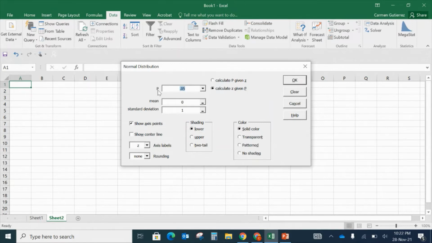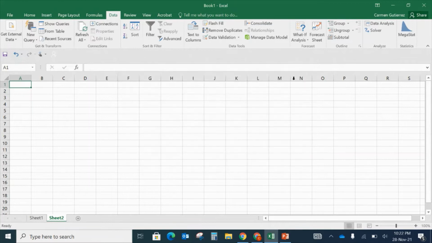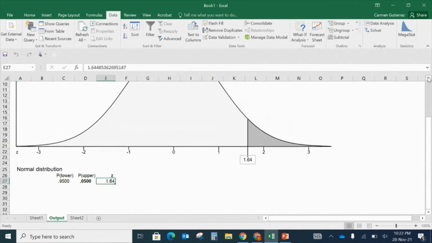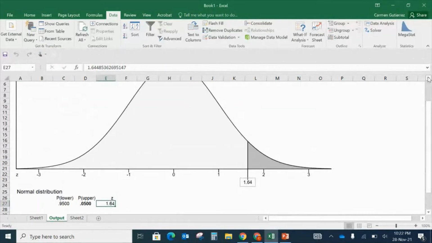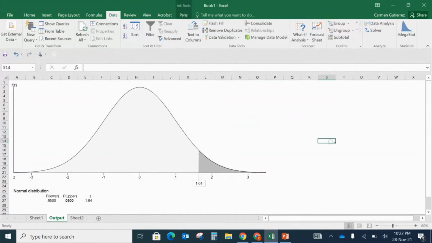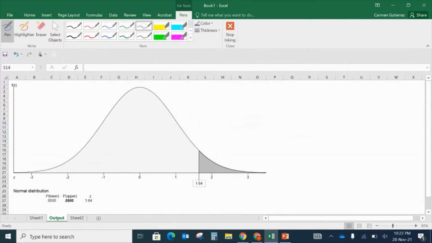You write whatever alpha you have here, and then you figure out whether you are doing upper, lower, or two tails. In this case, it's upper. You just have to give the area, the alpha, in MegaStat.